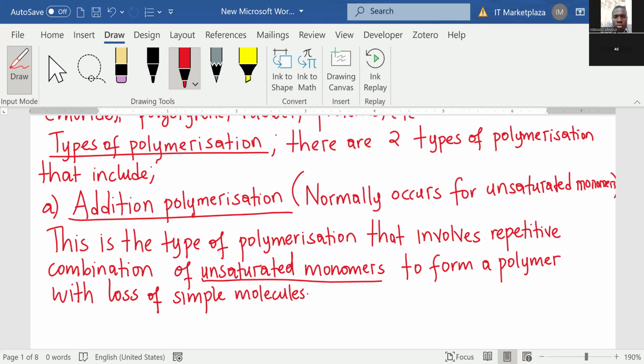Combination of unsaturated monomers to form a polymer without, sorry, not with, that is wrong. This is without.